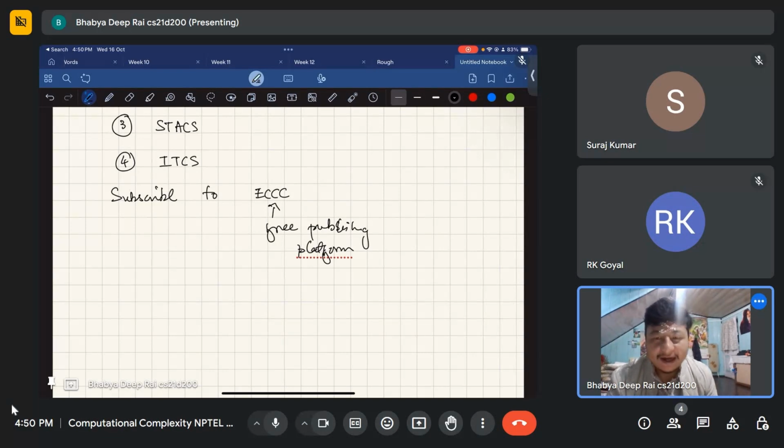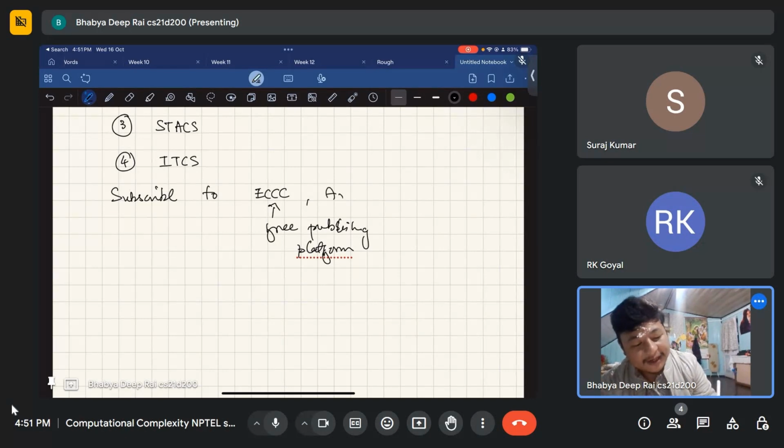This is also to show that, okay, I've done the work, so that people don't point fingers at you. Because journal and conference acceptance times are very overlapping, if two people's work overlaps, there's no way to tell who came up with it earlier. So a lot of people publish directly in ECCC, and later they publish in conferences also, of course.